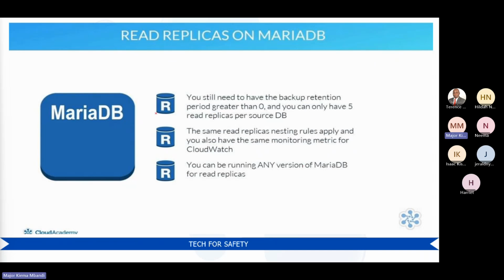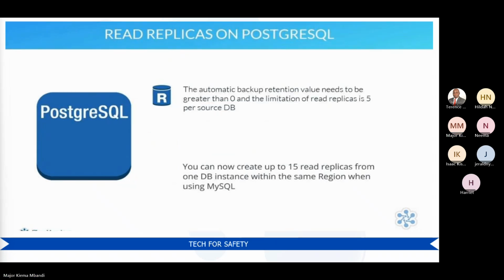So remember, MariaDB is one of the database engines that is supported for read replicas. Other ones are PostgreSQL and MySQL Server, if I'm not wrong. For the Postgres engine, the automatic backup retention value needs to be greater than 0, and this still has a limitation of 5 replicas per source DB.